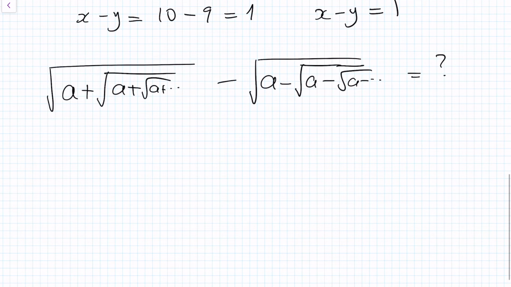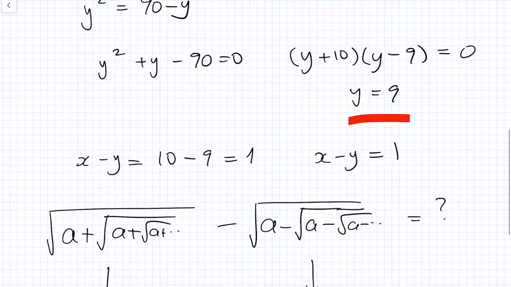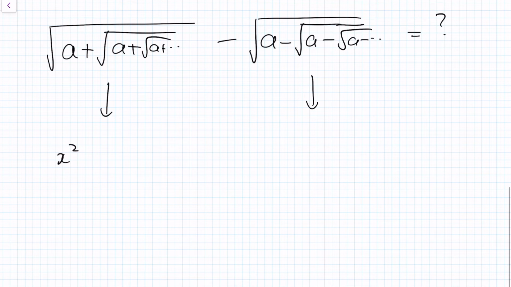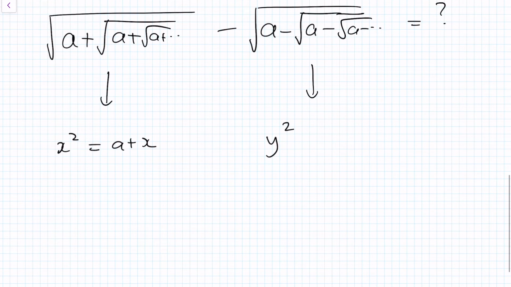looking at the above quadratic equations, for x we had x squared is equal to 90 plus x. So we will have x squared is equal to a plus x. And for y we had y squared is equal to 90 minus y. We'll have y squared is equal to a minus y.